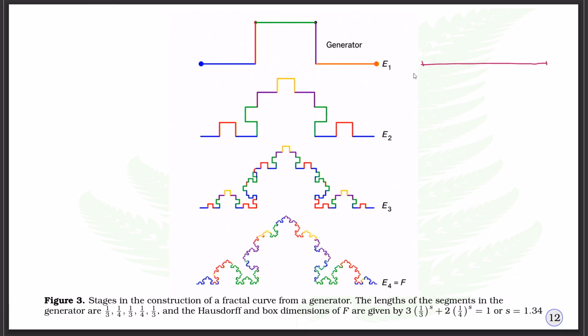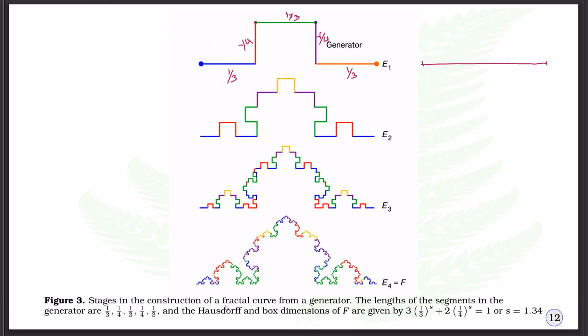Here this interval I am dividing, and this interval length is 1 by 3 and this interval length is 1 by 3. But this interval length is not 1 by 3, this is 1 by 4 and this is 1 by 4, whereas this interval length is 1 by 3.